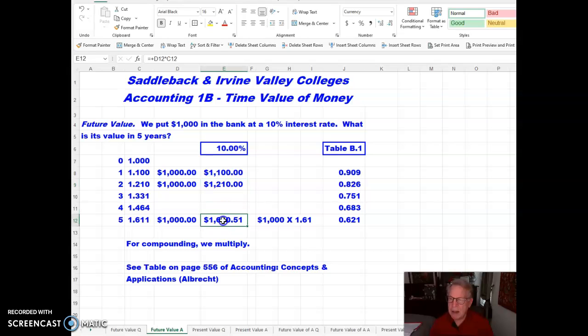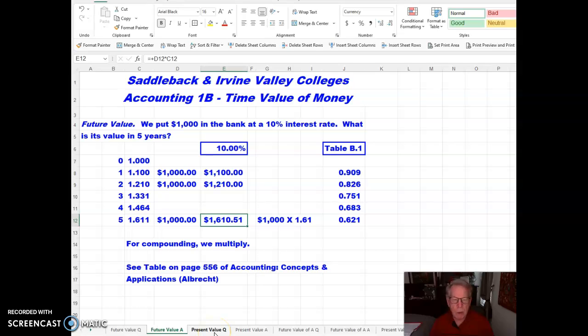And at the end of 5 years, if I multiply this factor times $1,000, it's going to be worth $1,610.51. Now you're going to find that there are tables in the text, and these tables I will go through when we go through the PowerPoint. Okay, so that's the future value of an amount.